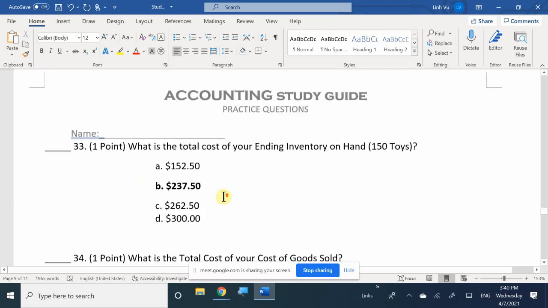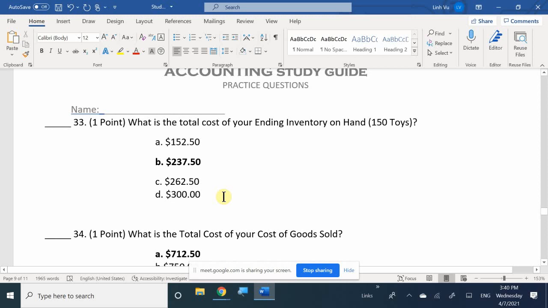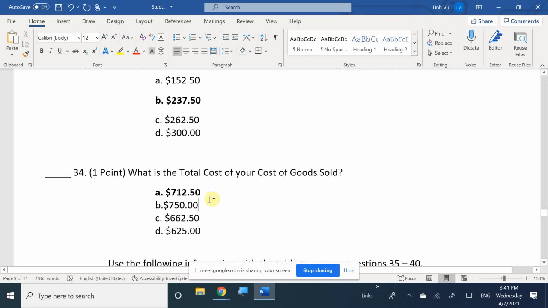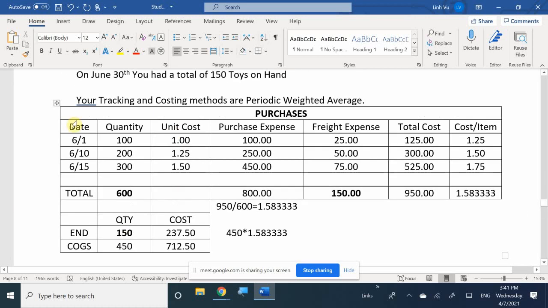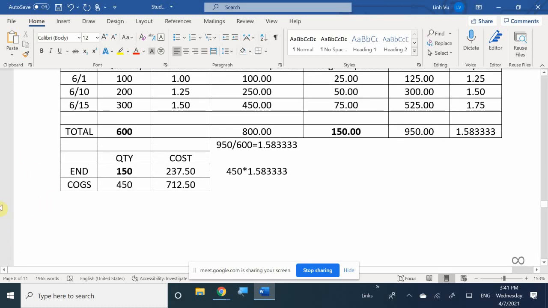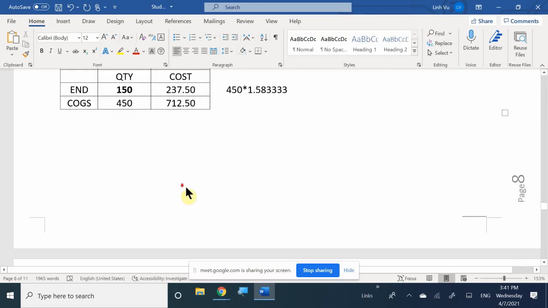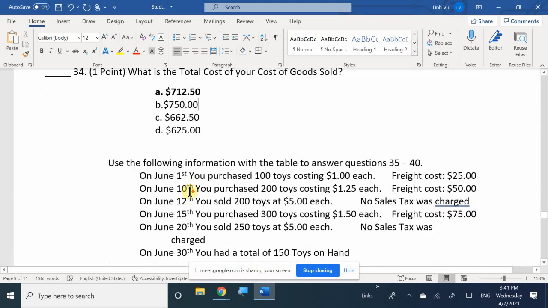Boom. See? So make sure that you understand the question that's being asked. I will ask you this exact question: what is your total cost of your ending inventory, and what is your total cost of your cost of goods sold? Pretty simple. If you solve for your table, you should be able to get these answers, as long as you understand and know exactly what you are doing, okay?